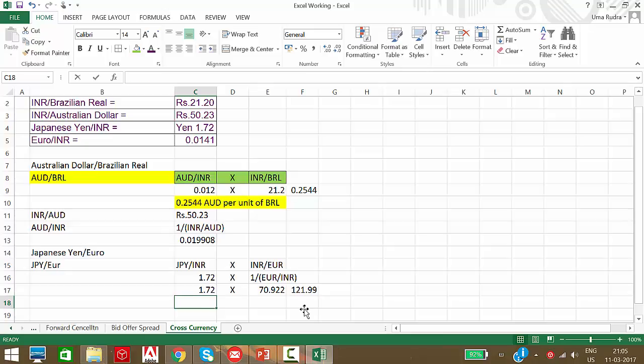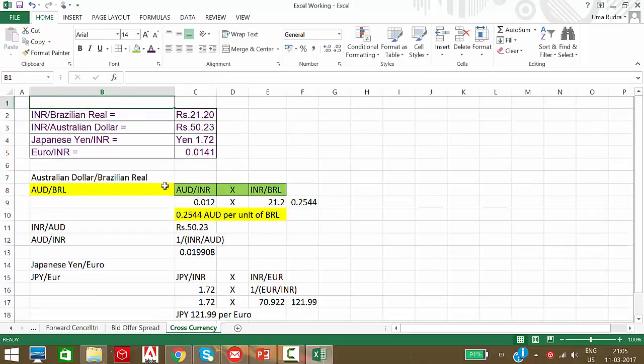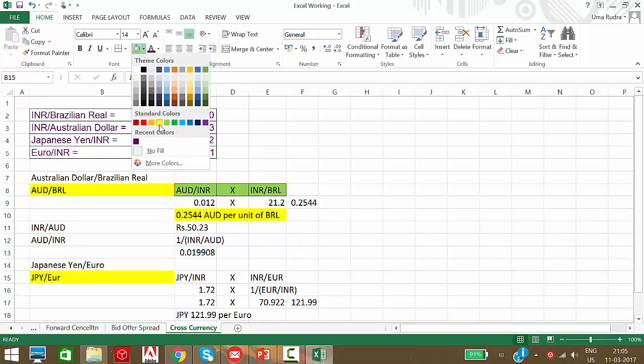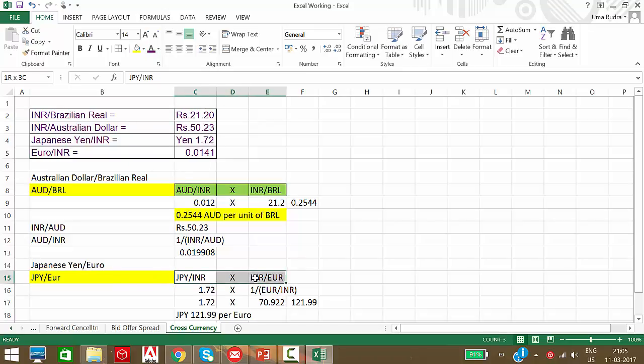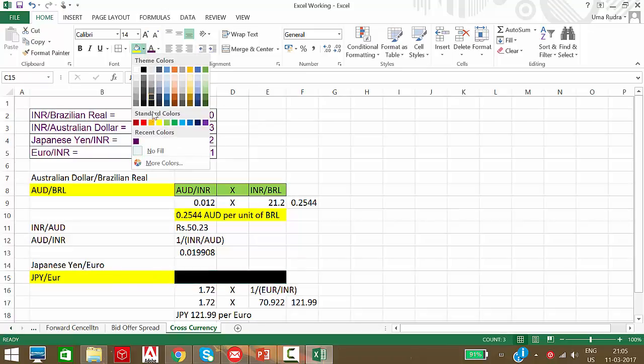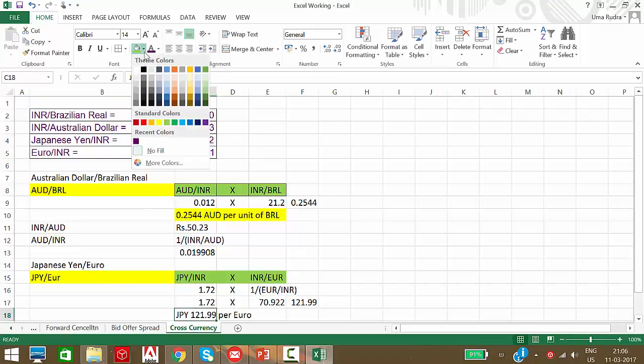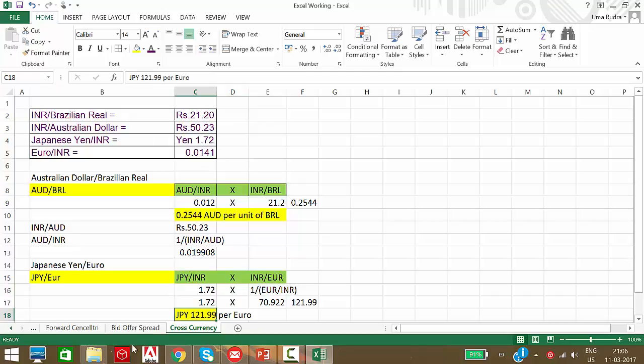It is Japanese yen 121.99 per euro. So if this information is given, from there I can get the cross rate. Let me put a different color. How am I getting this? Through this. Clear?